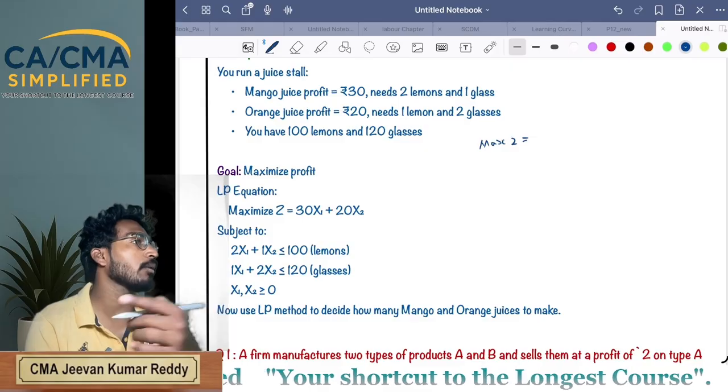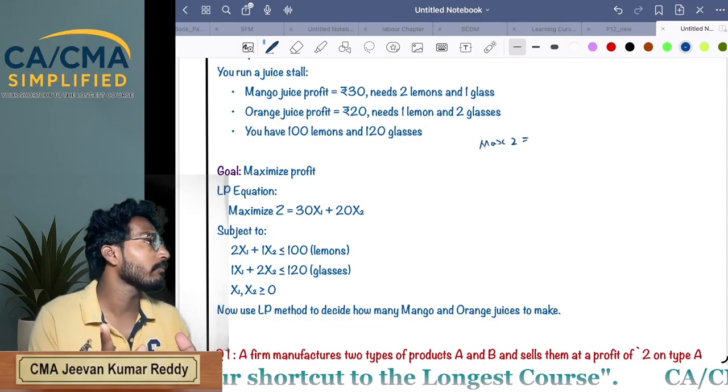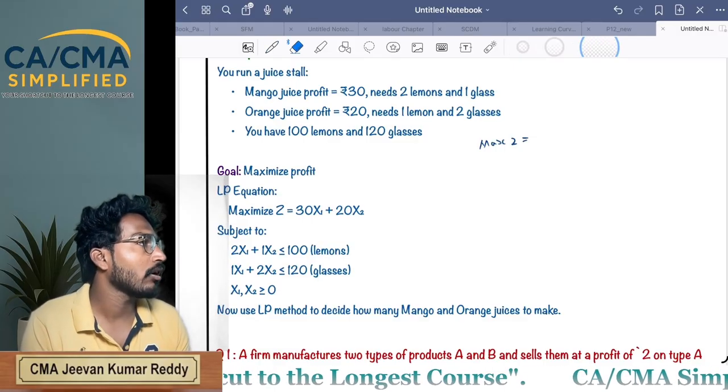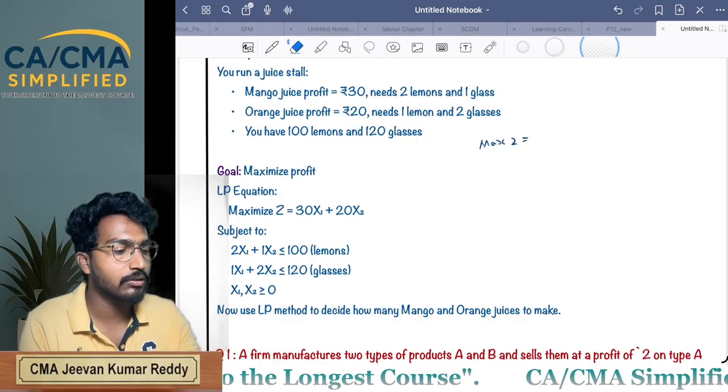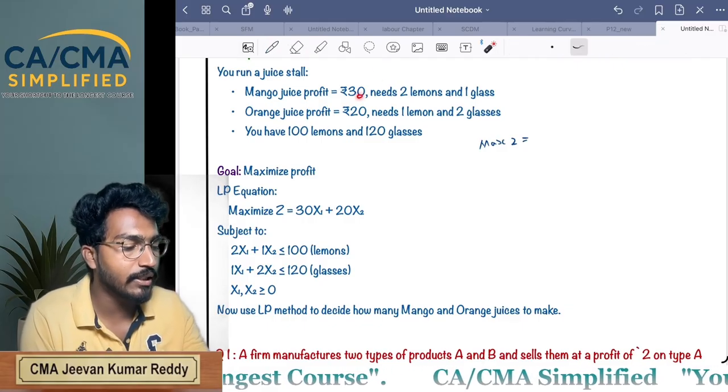So how to get the profit of juice center? Profit from mango, profit from orange. So how many glasses of mango juice you will sell, you will get the profit.